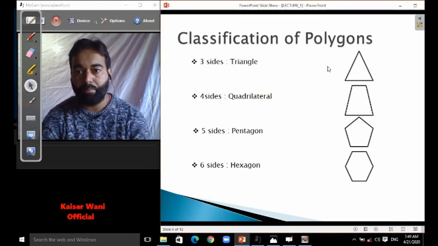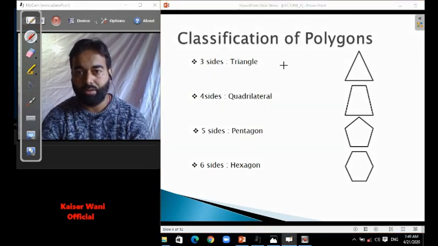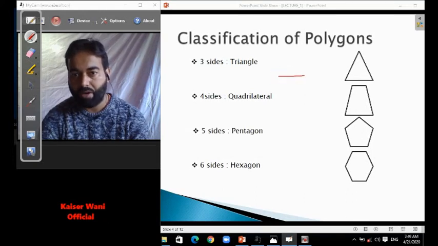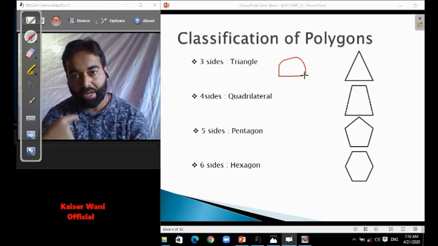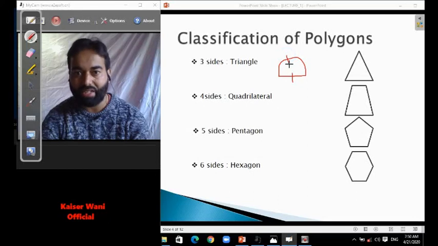And one more thing: if I draw this line segment here and another curve like this, it is also simple and also closed, a simple closed curve, but it is not made up of only line segments. This is a line segment, but here it is a curvature. So we can say this is not a polygon.